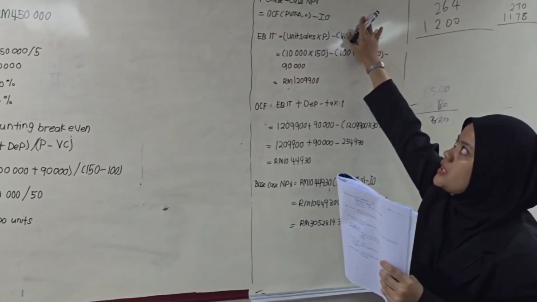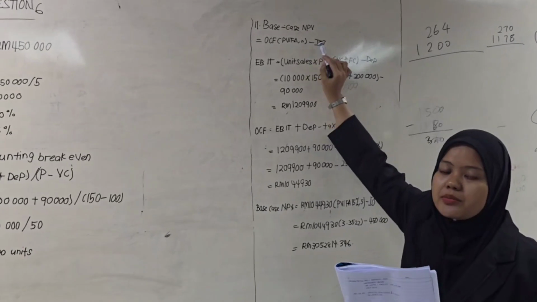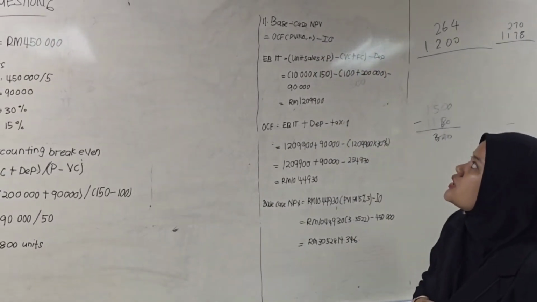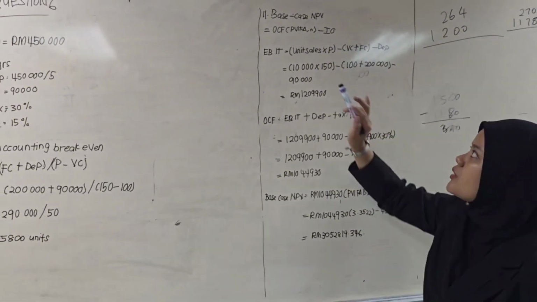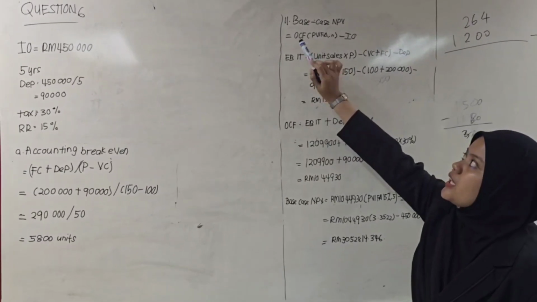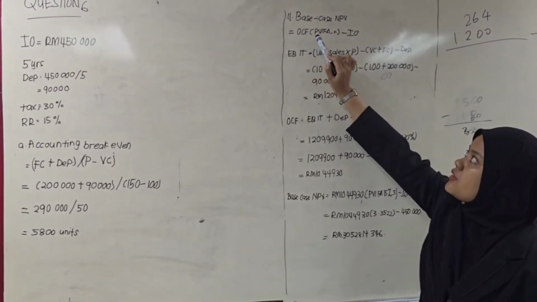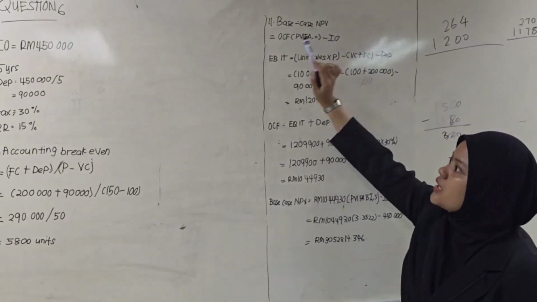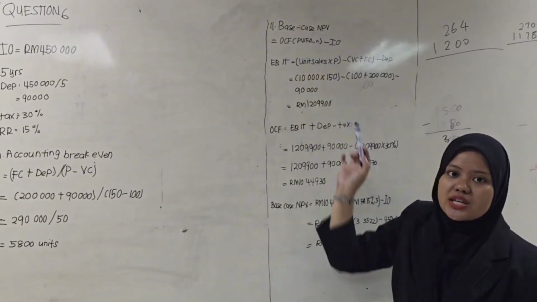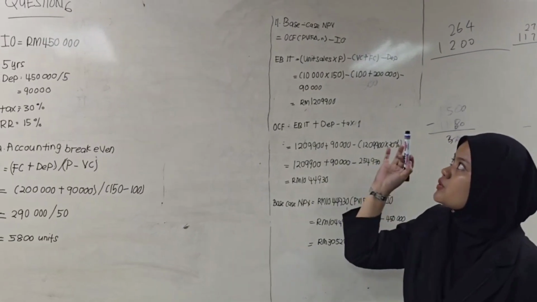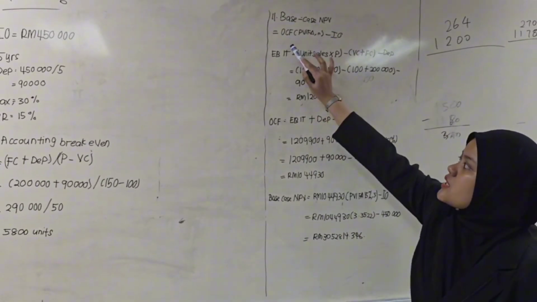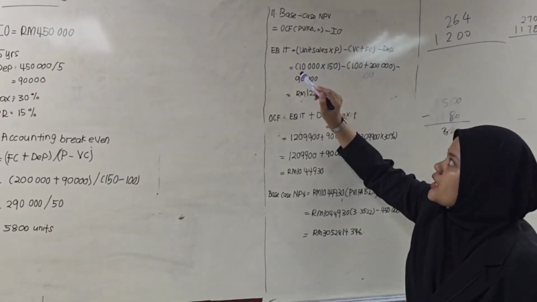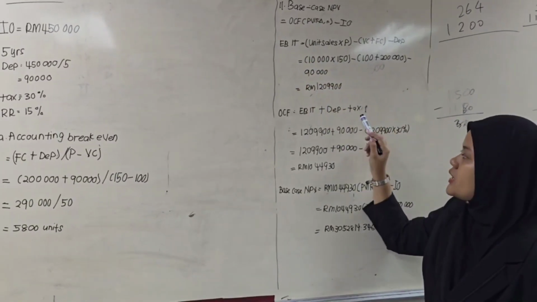Untuk soalan kedua, dia minta best case net present value. Dan untuk kira NPV ni kita perlu ada nilai OCF, PVIFA dan tolak dengan IO. IO kita ada sudah, tapi untuk OCF ni kita tiadakan. So kita perlu cari. Untuk OCF ni kita perlu ada nilai EBIT dan juga nilai tax.